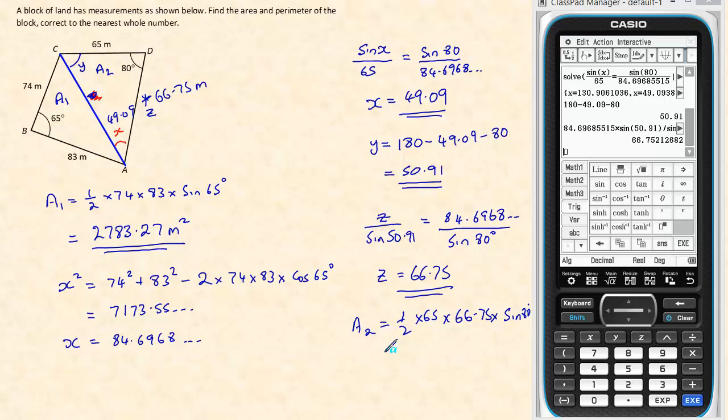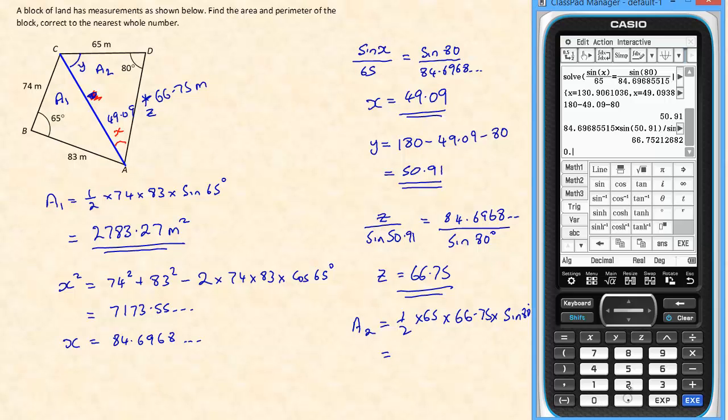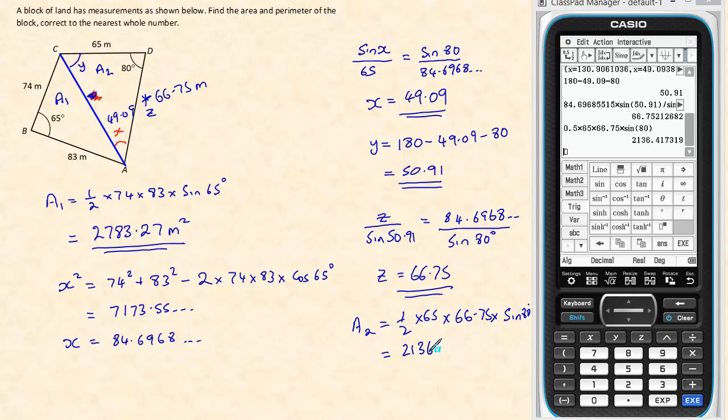So 0.5 times 65 times 66.75 times the sine of 80. So 2136.42 meters squared.